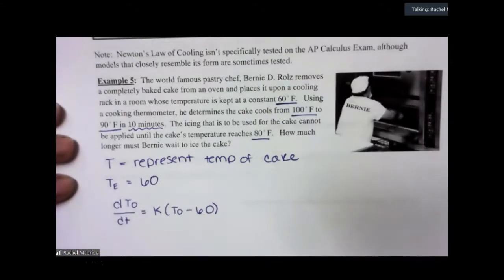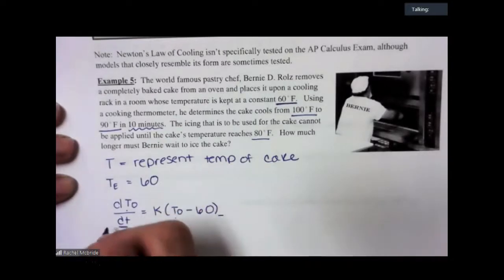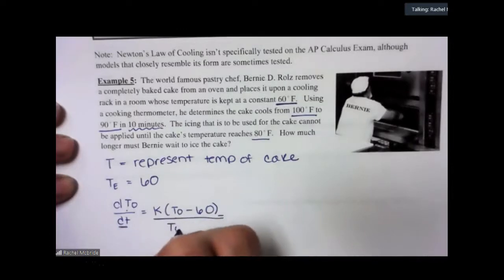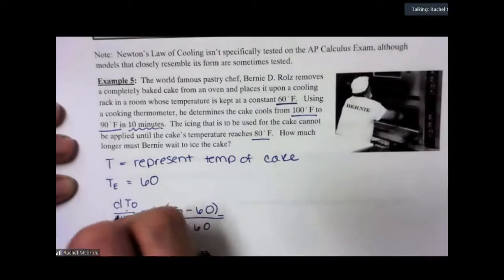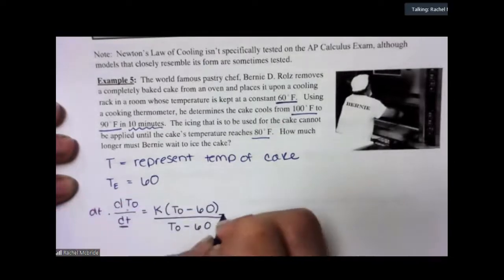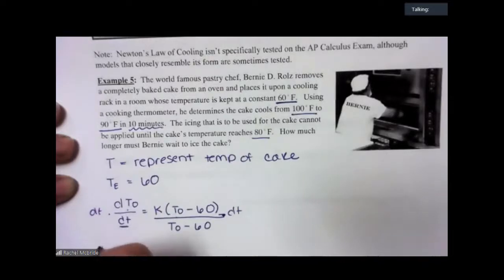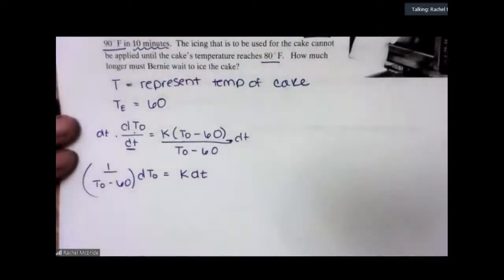And we're going to get the capital T's together, and we're going to get the little t's over here. So I'm going to divide both sides by T minus 60 and multiply by dt. Newton's law of cooling is one of the first ones where we can actually see an application.